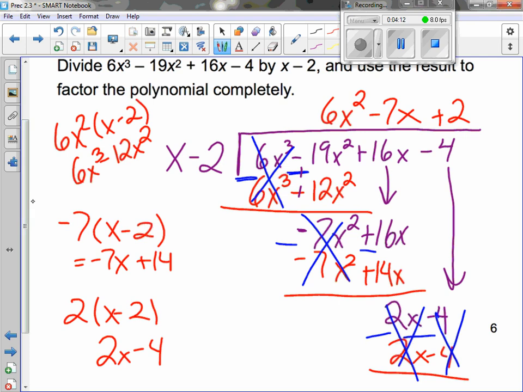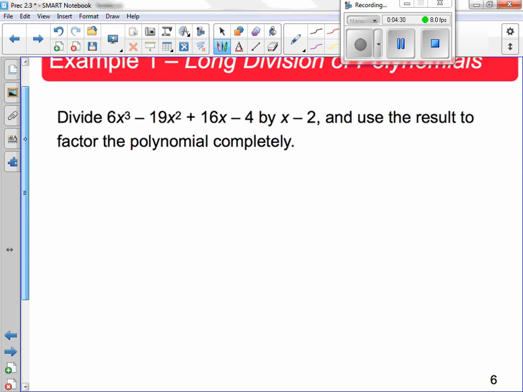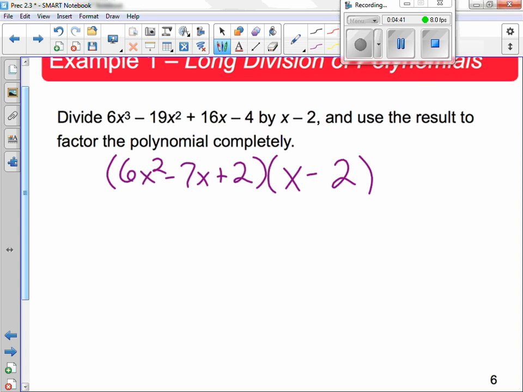So when we divide this here, we get 6x squared minus 7x plus 2. So 6x squared minus 7x plus 2 times x minus 2 gives us this here.